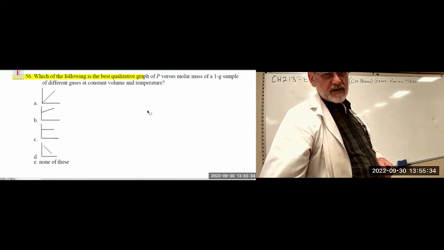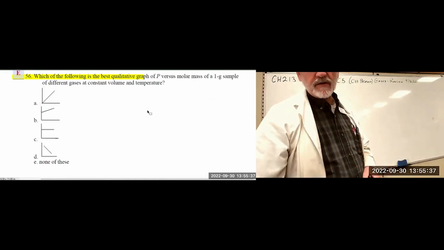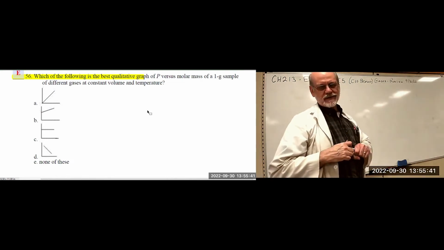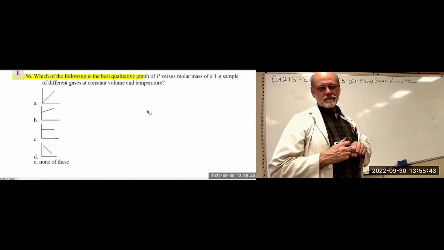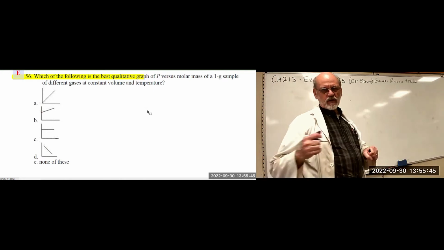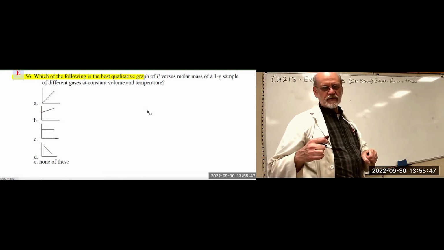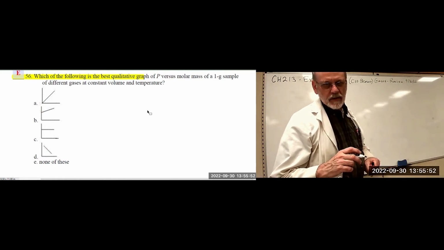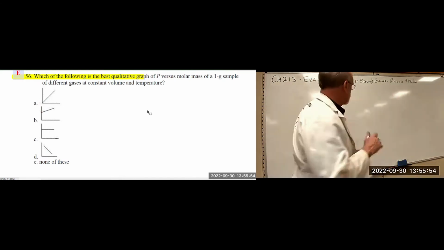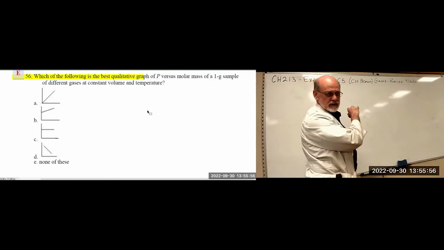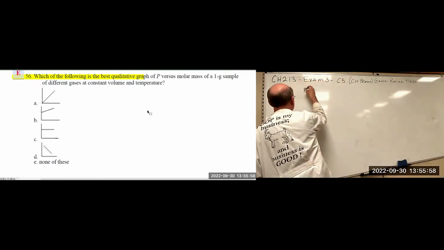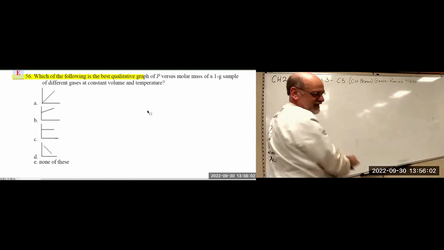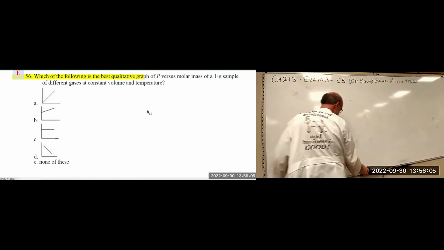Let's see. Which of the following is the best qualitative graph of pressure versus molar mass? 1 gram sample of different gases at constant volume and temperature. Okay. We want a pressure versus molar mass. What are we? E. Oh, that's the answer. What's the number? 56.